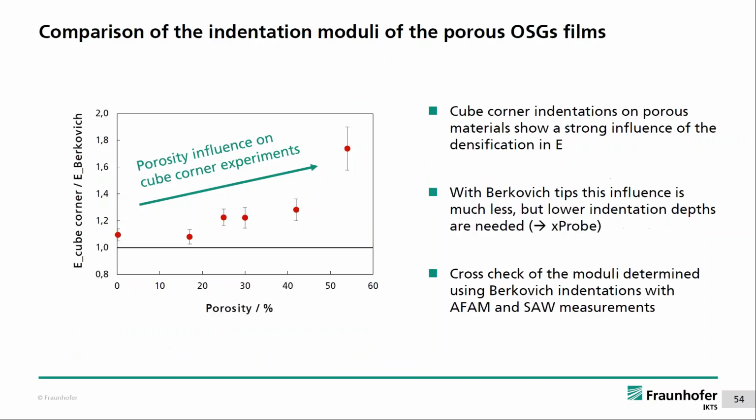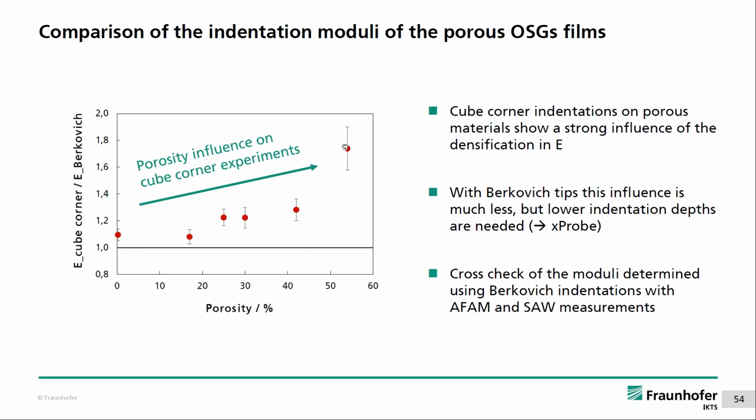And this is also what you can see if you compare the elastic modulus determined from the cube corner tip to the elastic modulus of the Berkovich tip over porosities. For high porosities, you get almost 2 times bigger elastic moduli if you use a cube corner, and this is because you only measure the densified material, which of course you don't want.